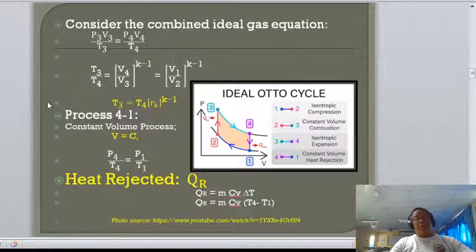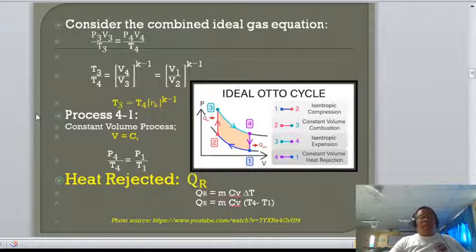Next is process 4 to 1. This process is again a constant volume process, where V is equals to constant. Simply using again the combined ideal gas equation and eliminating the volume at 4 and 1, the remaining parameters are P sub 4 over T sub 4 is equals to P sub 1 over T sub 1.